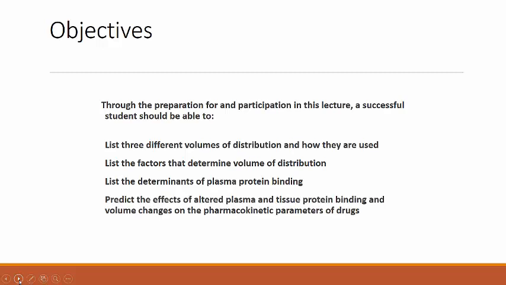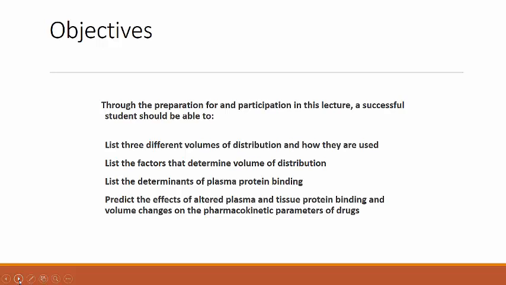Fourth, I want you to be able to predict the effects of altered plasma and tissue protein binding and the volume changes that occur due to those changes in plasma and tissue protein binding on the pharmacokinetic parameters of drugs. So we're digging down several layers here. You know that volume of distribution has an effect on half-life and K. And I've told you that volume of distribution is affected by changes in plasma and tissue protein binding.